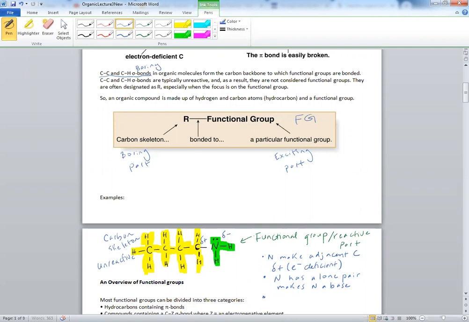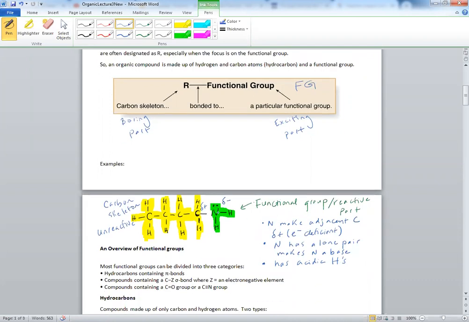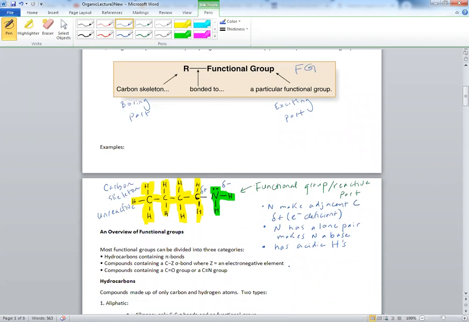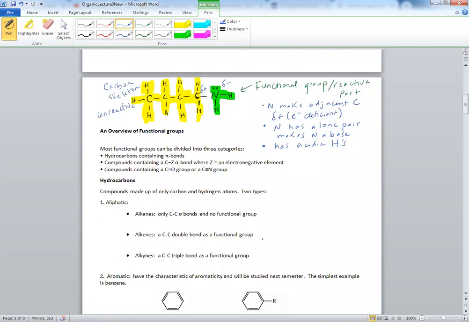And then finally, one of these H's on the N are acidic H's, or protons. So that's what you learned from the last chapter. You're applying it here. So in the next video, you're going to learn about the different types here, and then we're going to actually start working on an example.